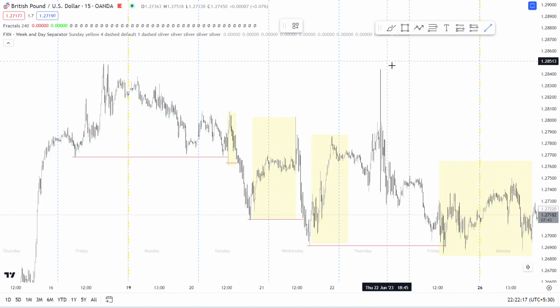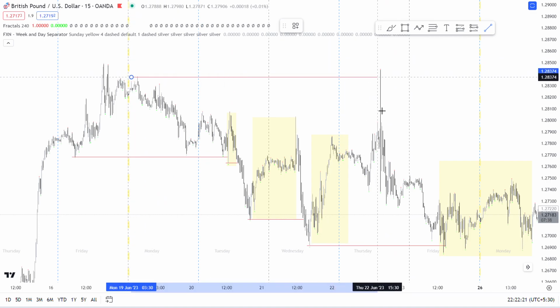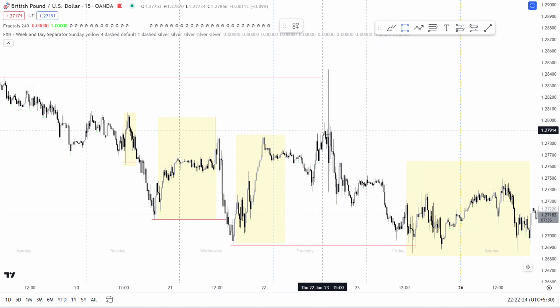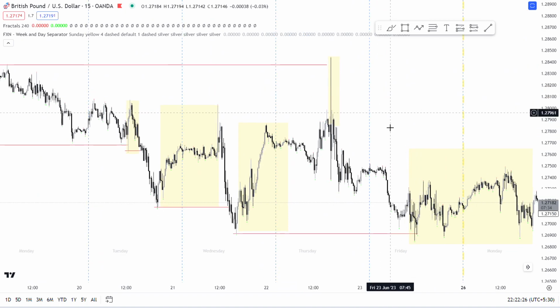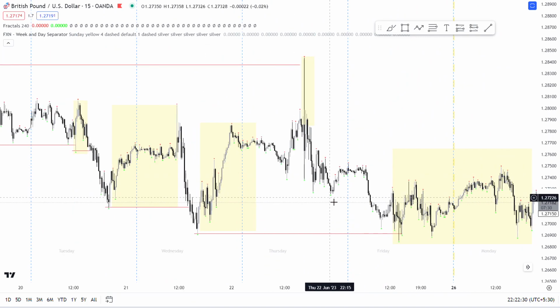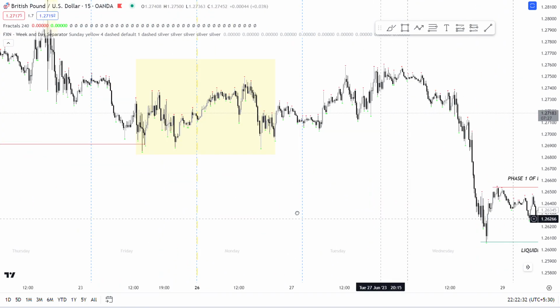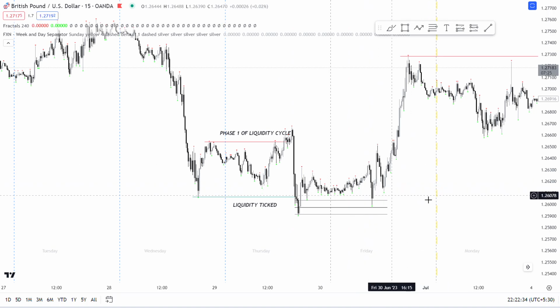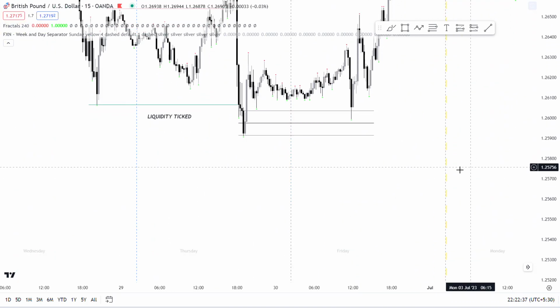Again, if you see here, on Thursday the market exactly swept this. When the liquidity is taken, the real direction of the market is established. See, the real direction came. These patterns happen over and over again.